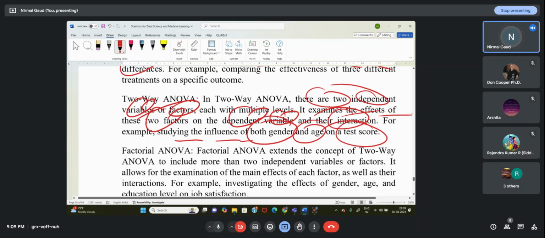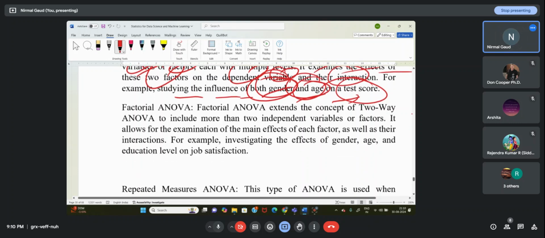So we are doing a study based upon gender and age. These are the two factors, and I'm going to take these under consideration to check how it impacts the test score. This is two-way ANOVA.